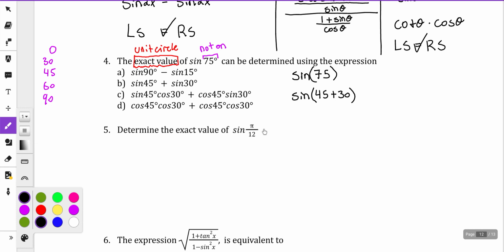So for us, if we use that formula, sine 45 plus 30 would become sine of 45 times cos of 30 plus cos of 45 times sine of 30. Hopefully that's one of the answers there. It is. It's C.